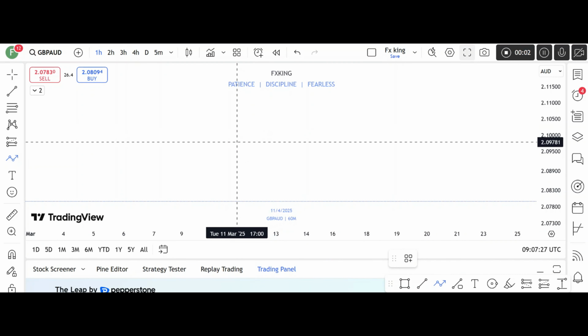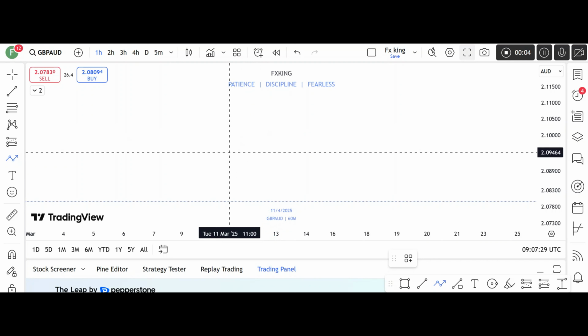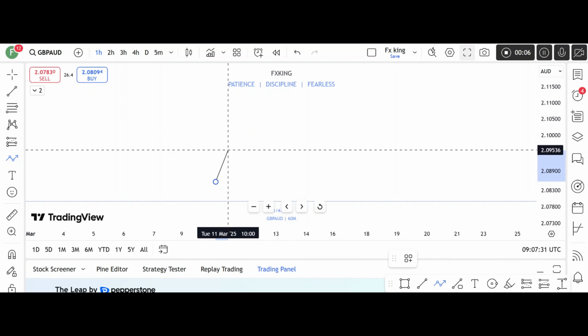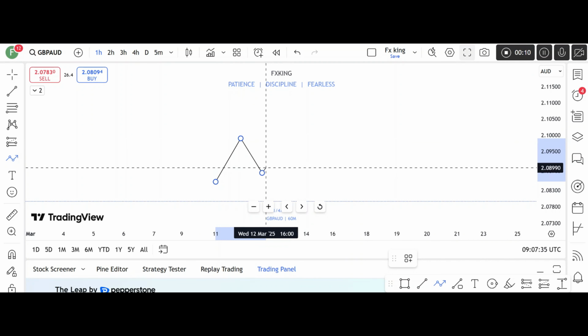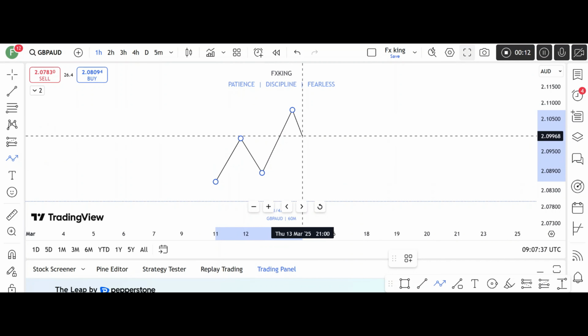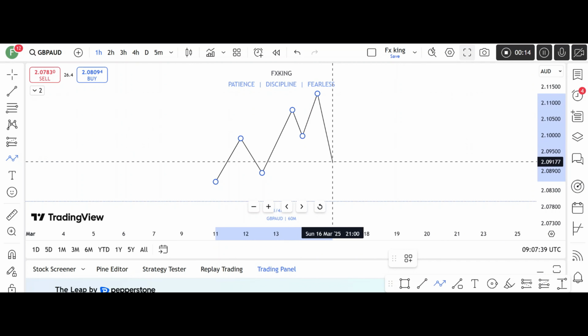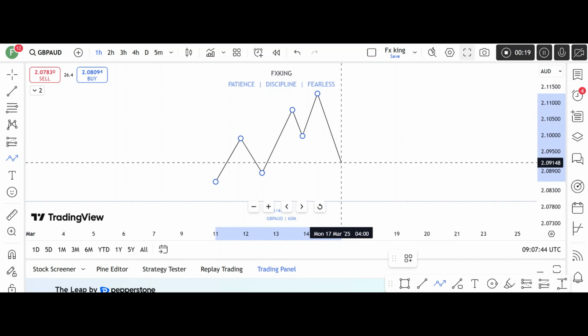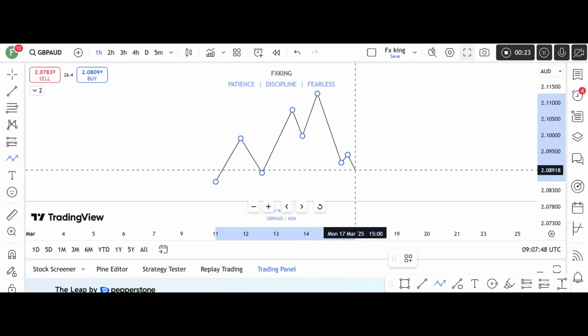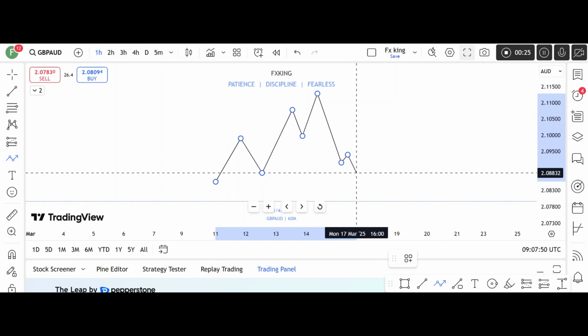Okay, this next entry module is what we call a flip entry module, right? So this happens when the market gives you a break of structure, then comes back and taps into your point of interest. Now, what happens normally is when the market is coming down, the market is creating lower highs and lower lows.